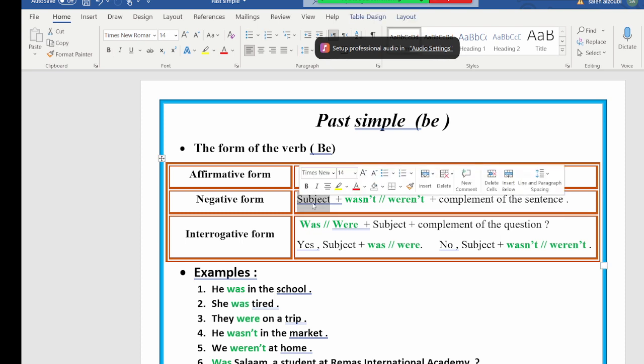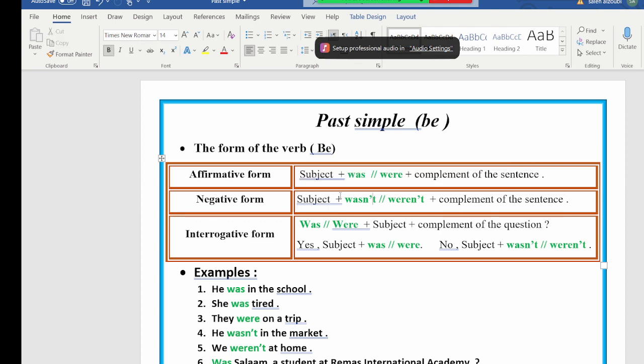If it's singular we use wasn't, if it's plural we use weren't, and we can say was not or were not. The interrogative form: we start with was or were depending on the subject, plus the subject, plus the complement of the question, and we end with a question mark.